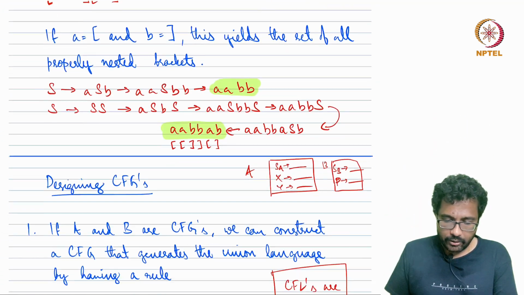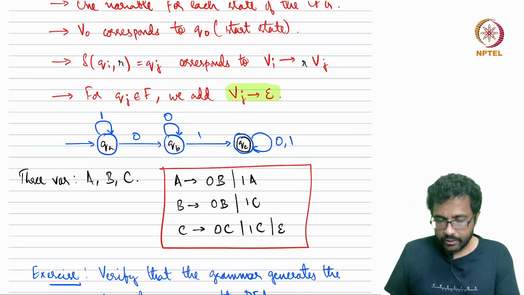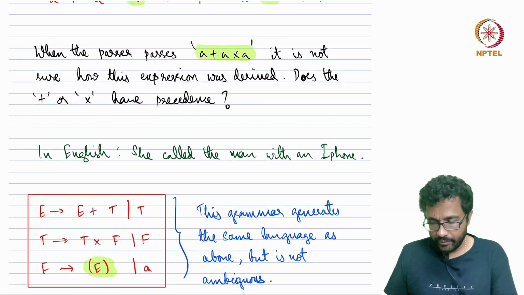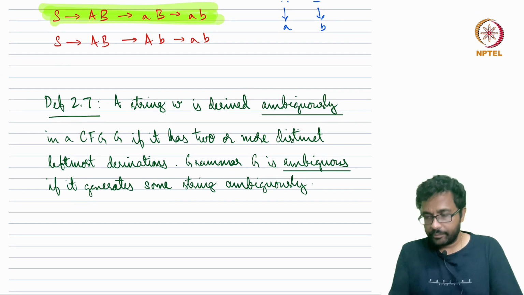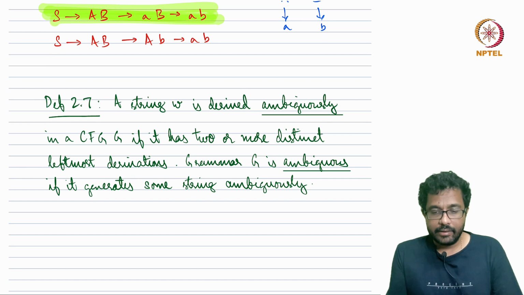We saw why it is context free. We saw that regular languages are context free. We saw that context free languages are closed under union, and then we saw ambiguity, and we formally saw the definition as well. And with that, we will close week 3.